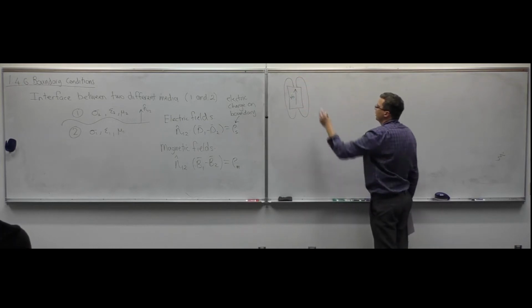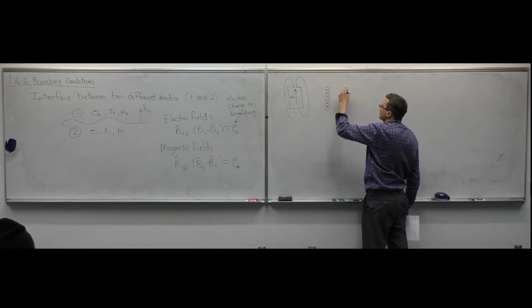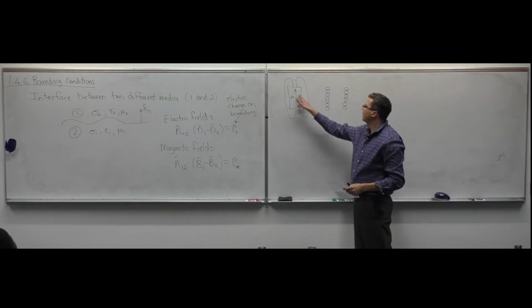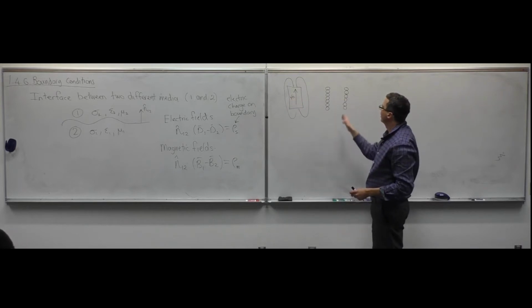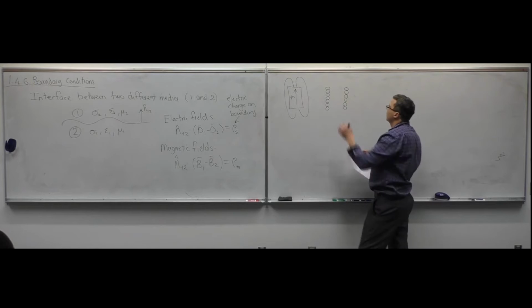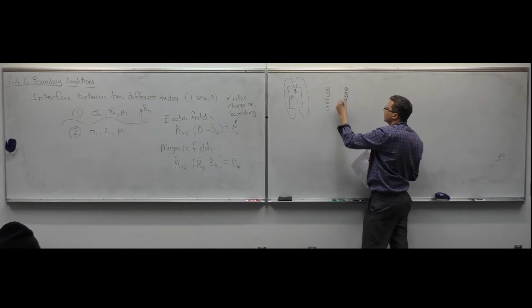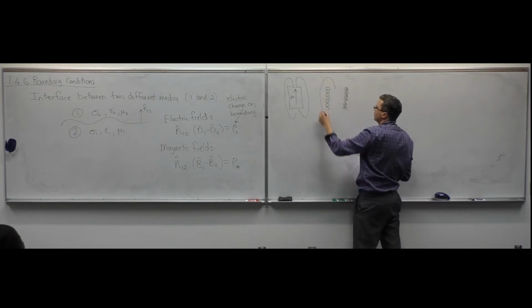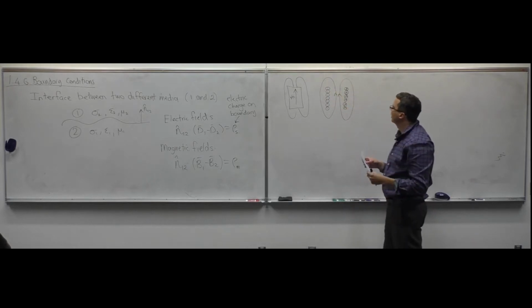You could approximate the magnet by having a current sheet, so you could think of this as having a current on the left and right sides. In this case, the current would be going in here and out here, and that would create a magnetic field that looks equivalent to the magnet.